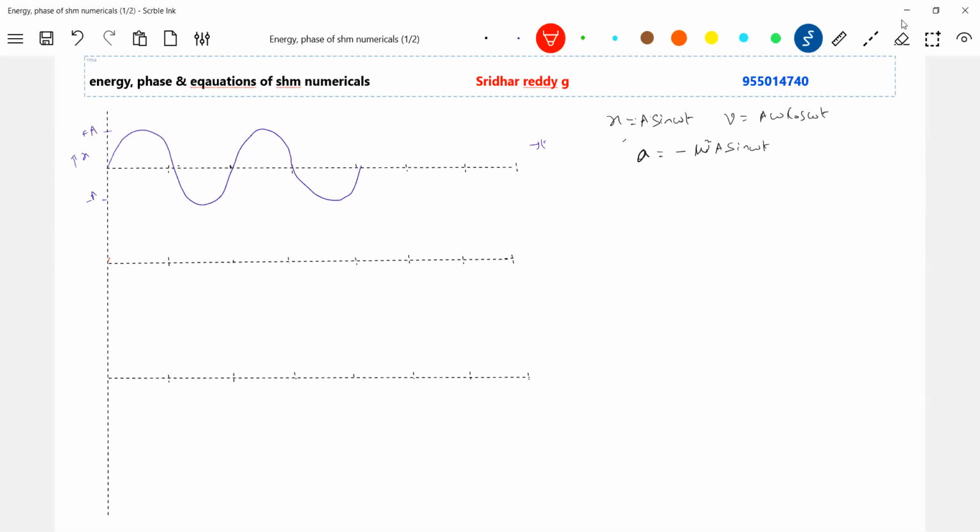I'll draw it once again. So this is one cycle, no? It's a cosine function, nothing big. It's just a cosine function.